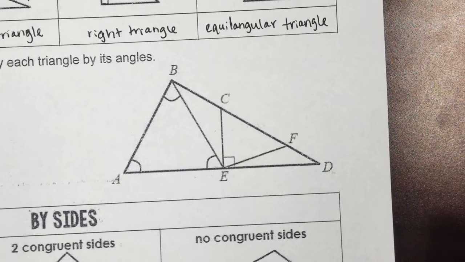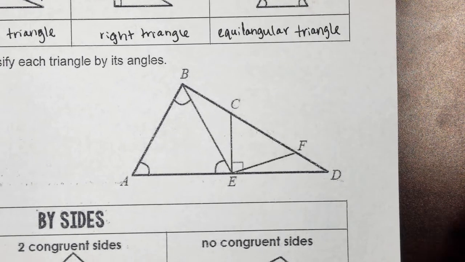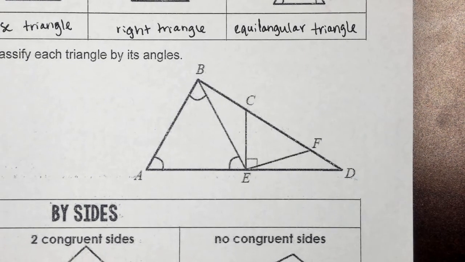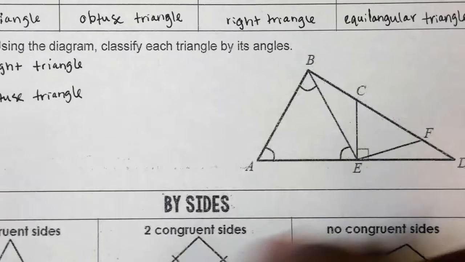Jorge, triangle ABE. Yeah, that's not the way we name it though. What's the name I gave you? Equal angular.